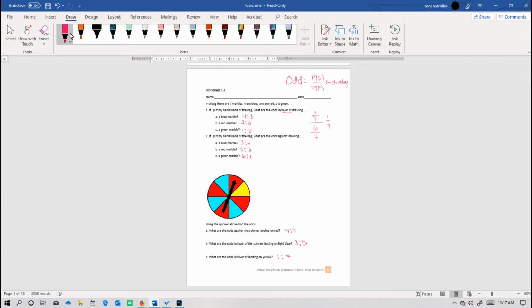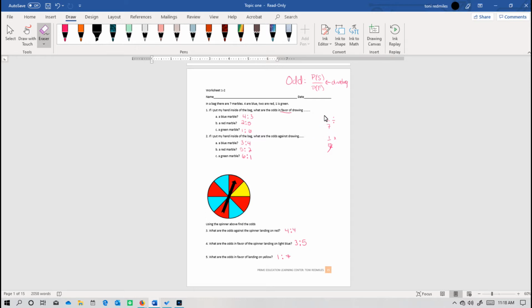Now I have to divide these. So I keep, change, flip: keep the first fraction, change to multiplication, flip the second, cancel out my 7s, and it's 1 to 6. I get the same answer using the formula. It's just a lot more rigmarole.